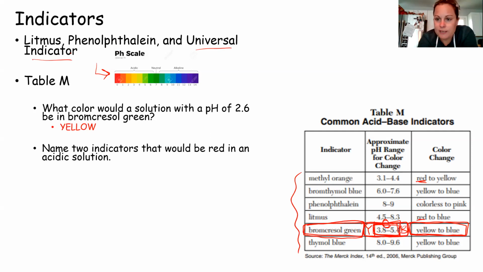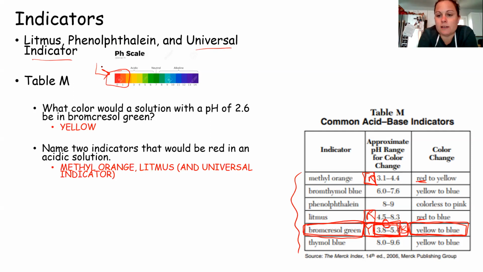So all of these, methyl orange would be red lower than 3.1, so that counts as being an acid. Litmus is red below 4.5, so that looks like that could satisfy that question. Universal indicator is red in a pH of 0 to 1, so any of those three could answer that question.